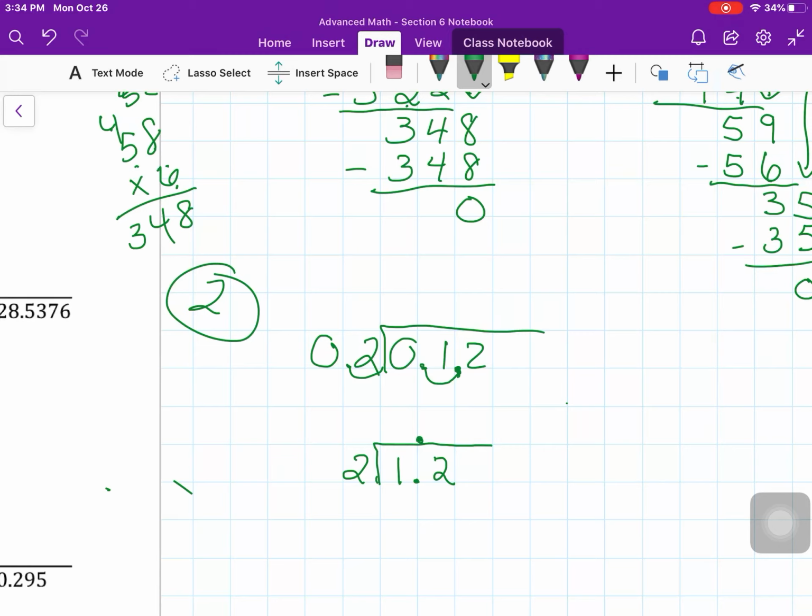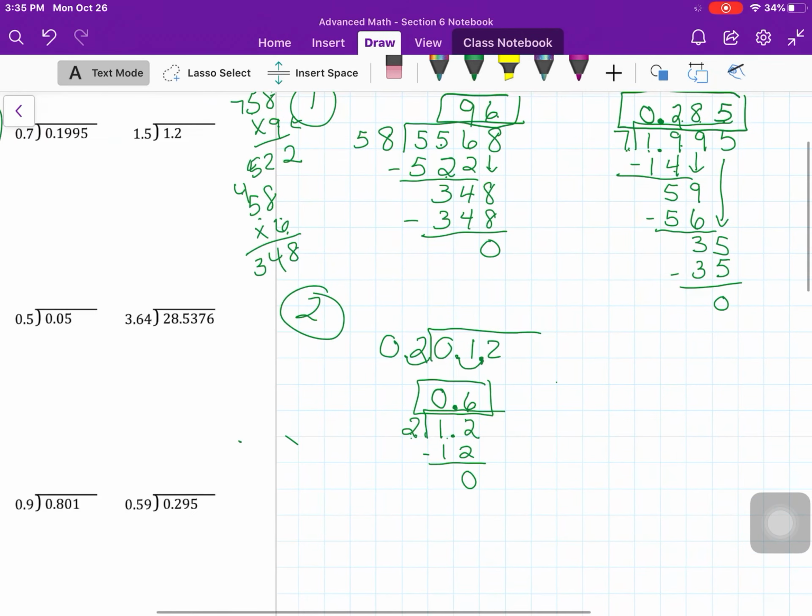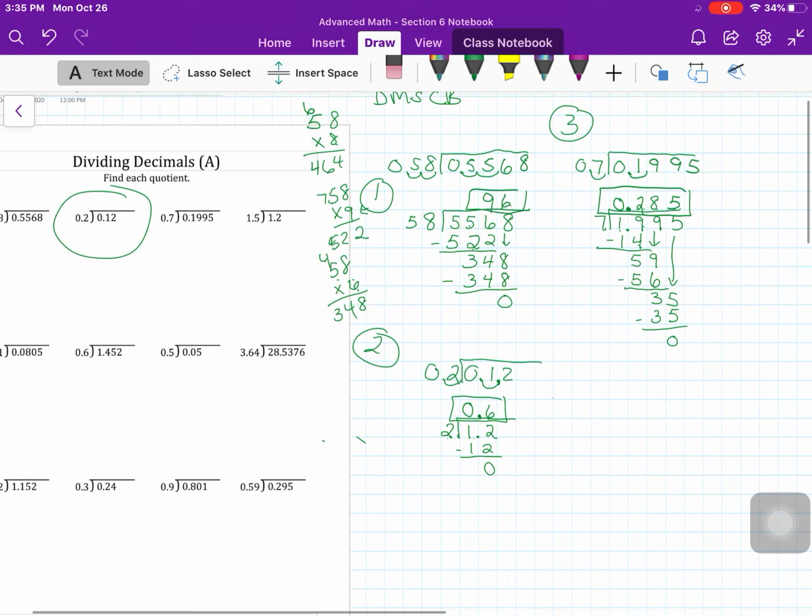We'll put our decimal right in our quotient. 2 cannot go into 1, but 2 can go into 12 6 times. 6 times 2 is 12. We get 0. A little bit easier one, 0 and 6/10.